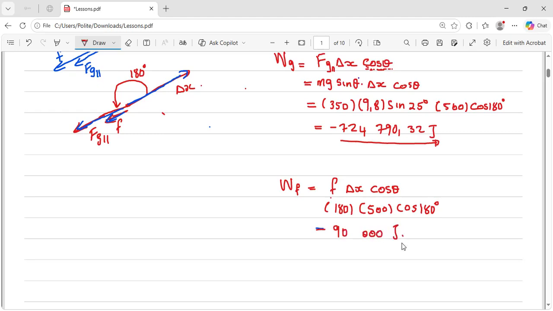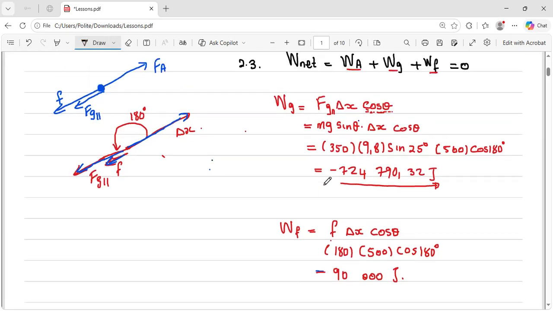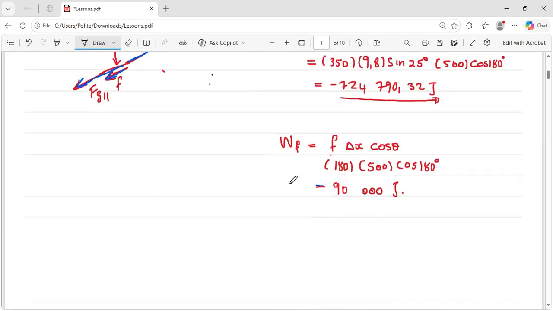Okay, so now let's go to the last part so that we can finish working on this problem. We said that the net work is equal to 0. The work done by the applied force, we add this with the work done by the weight and the work done by frictional force, and it equals 0.